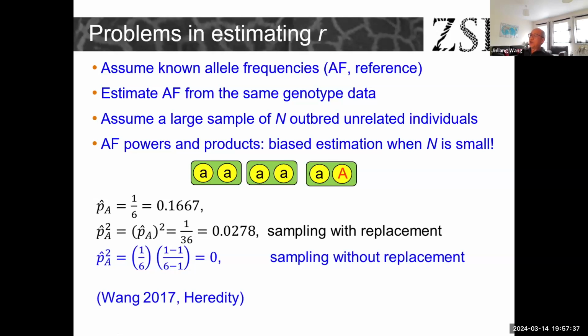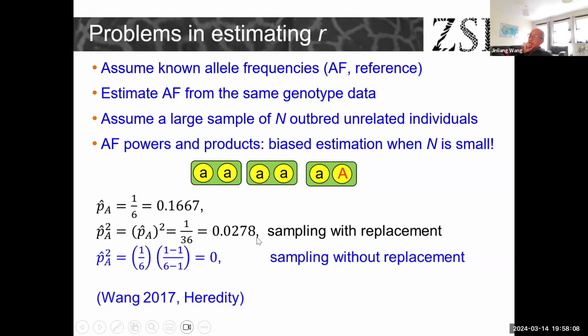In reality, we have a very small sample size here, only 3 individuals or 6 alleles. More appropriately, we should really use the formula that is derived under the assumption of sampling without replacement. This is the formula. So with the second sampling scheme, the estimate would be 0. It is smaller than the first value.